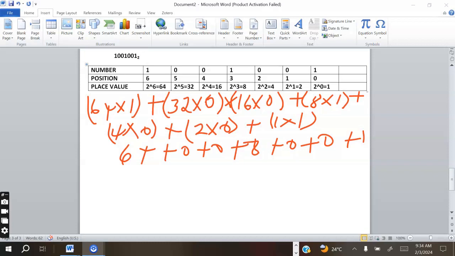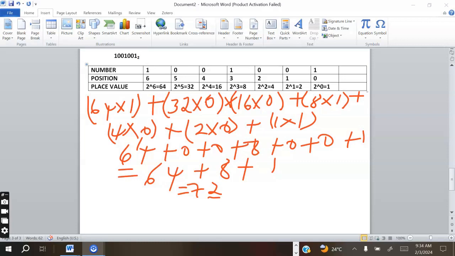So we have 64 multiplied by 1 is 64, 32 multiplied by 0 is 0, 16 multiplied by 0 is 0, 8 multiplied by 1 is 8. Then we have 64 plus 8 plus 1. 64 plus 8 is 72, plus 1 is 73.